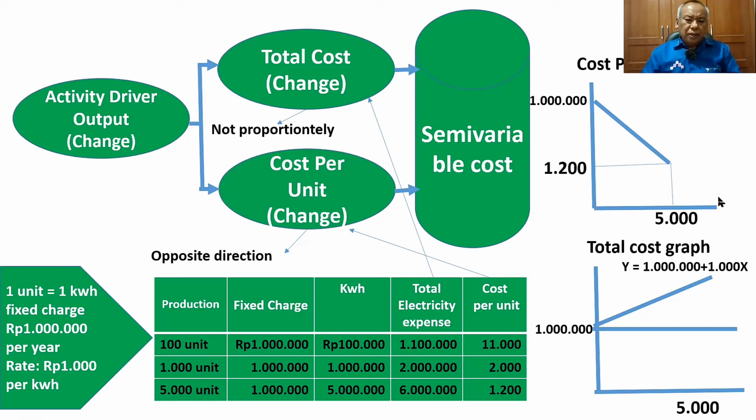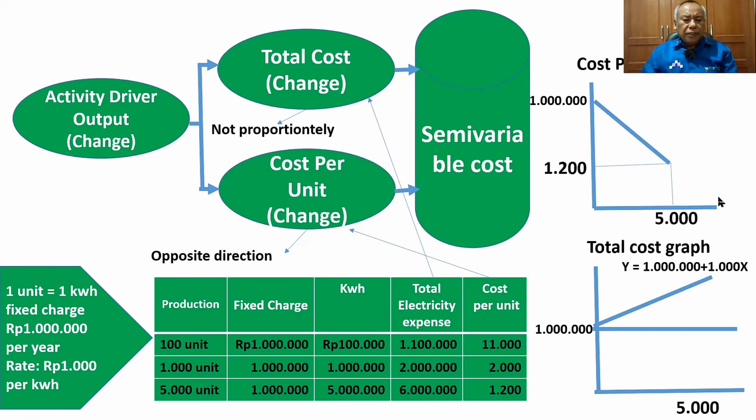So actually we can make a conclusion, right? In variable costs, the total changes with the changes of the activity driver output, while the cost per unit remains constant. The total cost changes proportionately. The unit costs remain constant in the relevant range.